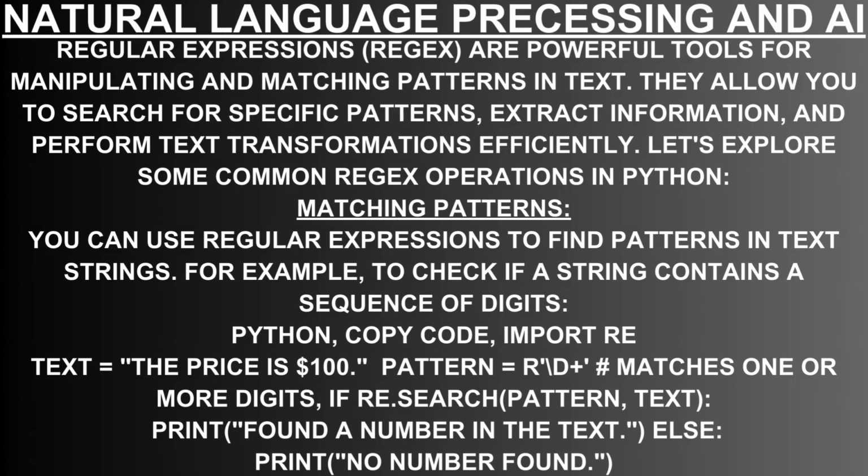For example, to check if a string contains a sequence of digits. Python, import re. text = "The price is $100", pattern = r"\d+" (matches one or more digits). If re.search(pattern, text): print "Found a number in the text", else print "No number found".